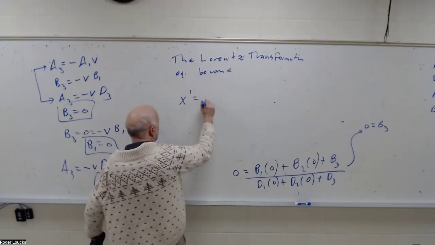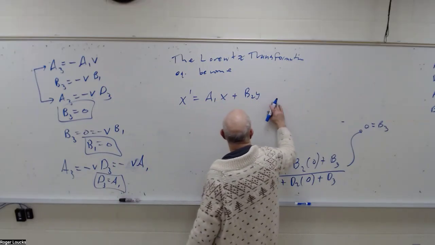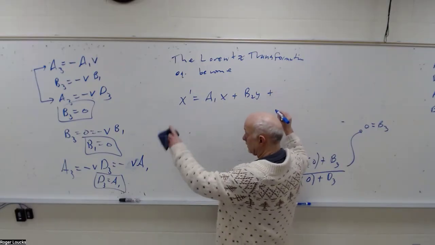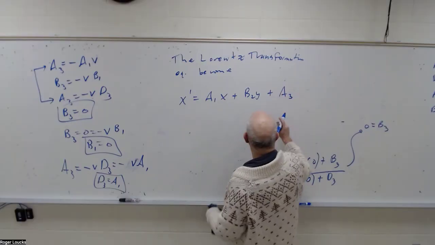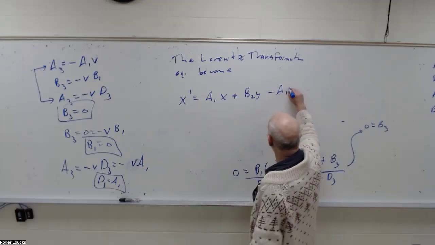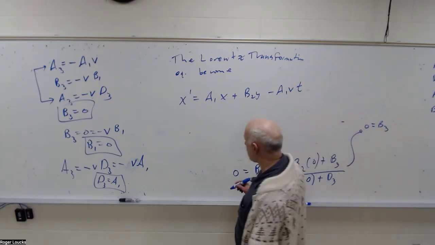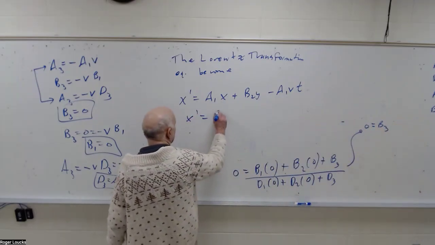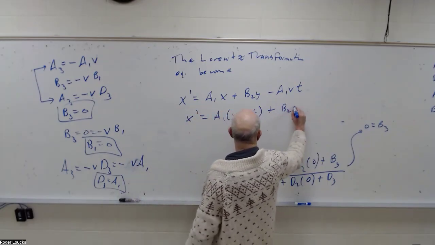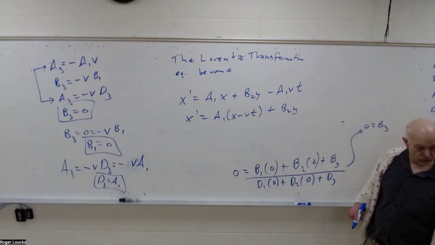X prime equals A1 x plus B2 y plus A3, and A3 is minus A1 V T, which I can rewrite as A1 times (x minus V T) plus B2 y. Okay, so that's my new x equation. A lot easier.